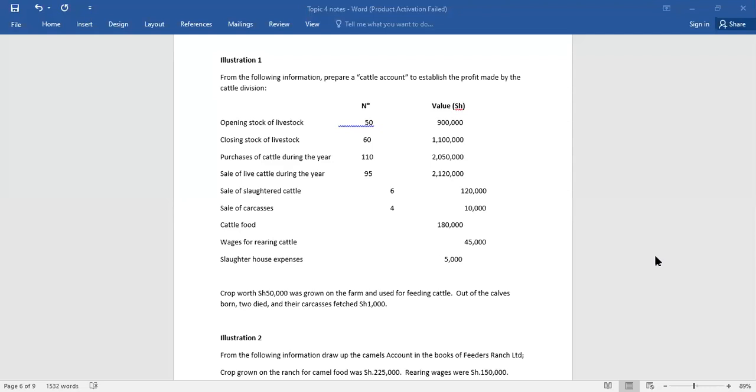So just in the normal way, we are going to have the debit and the credit. Right? And you said that expenses are debited, income items are credited.